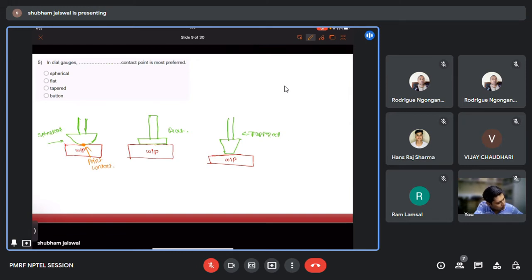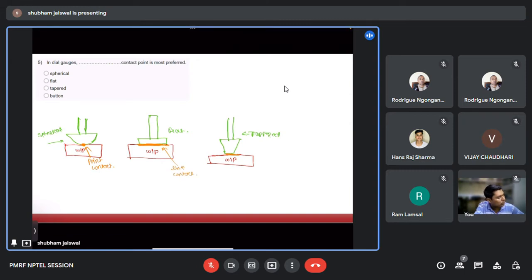And when we use flat, you can see we get a line contact. In tapered condition also we get a line contact, and in button also we get a line contact.